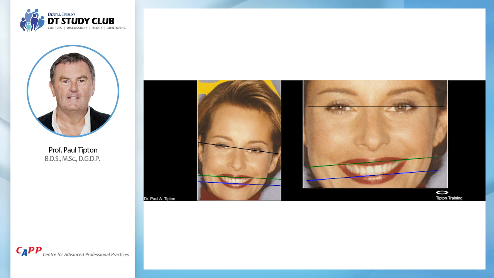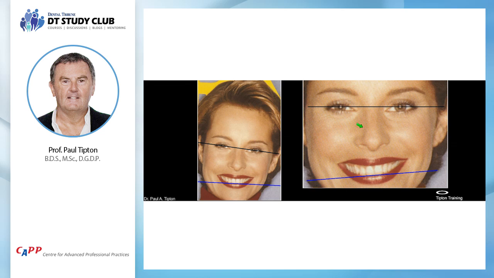Imagine what would happen if you fell into the trap of placing some veneers or crowns that were now parallel to the interpupillary line. What would happen would be that you'd show more tooth on the left-hand side and we'd show less tooth on the other side. So we'd have an unsymmetrical situation, and that's a huge problem to us because of, as we mentioned, symmetry.